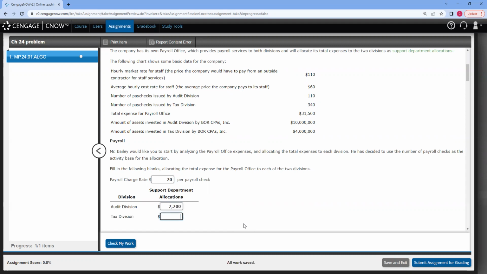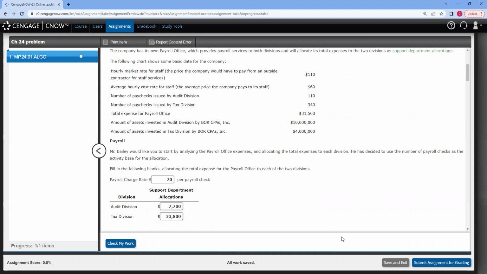And for the tax division, which has 340 paychecks at $70 each, that would be a total of $23,800.